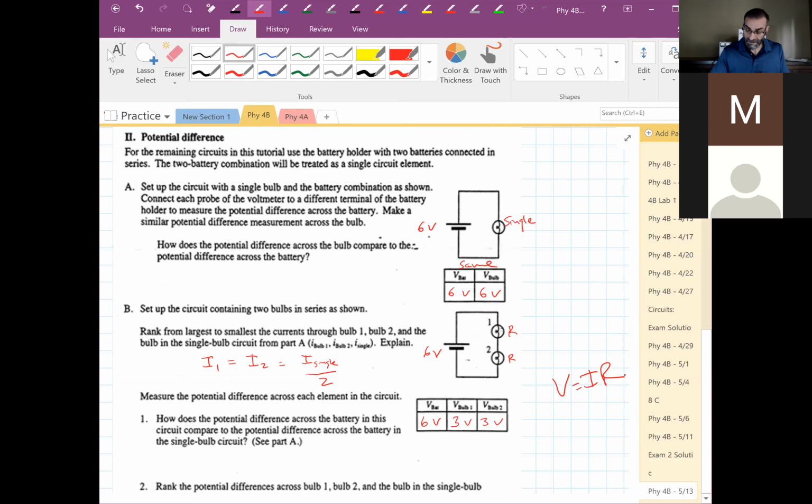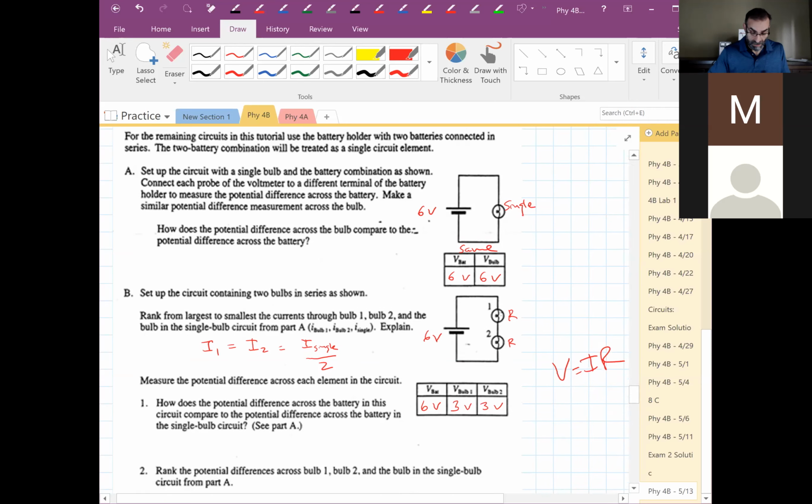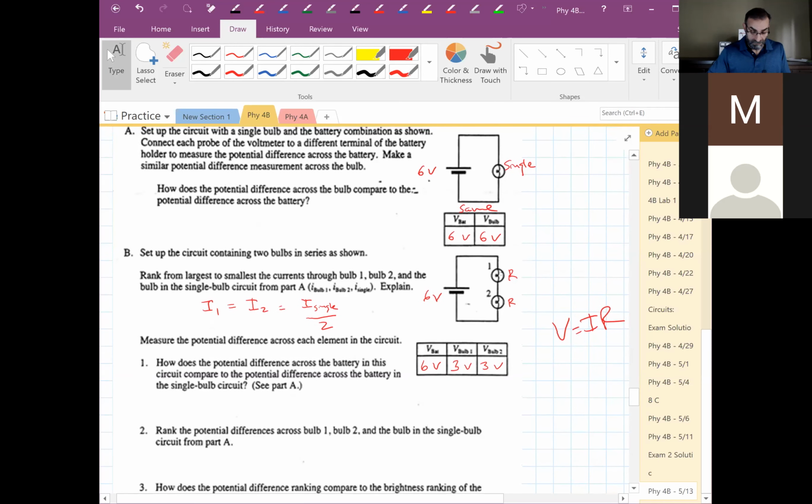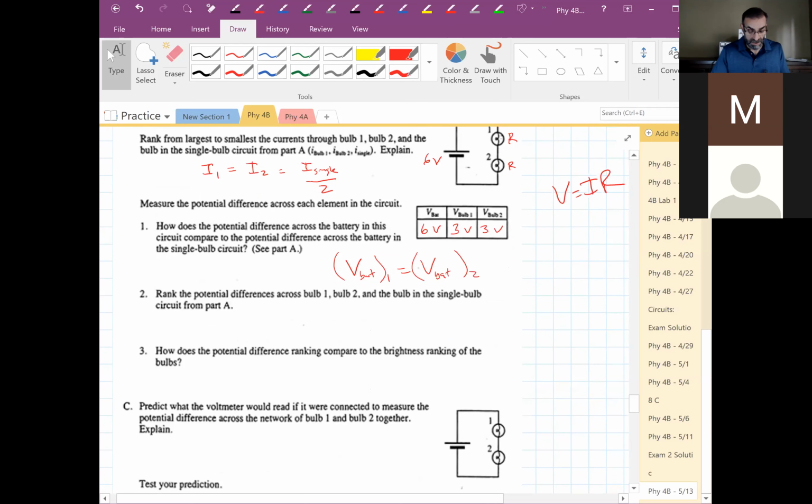Okay. Where are we? The batteries are the same. We said their batteries were the same, right? I think I just gave you that information.